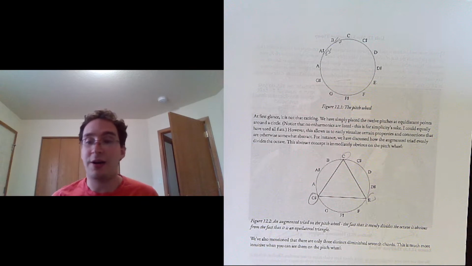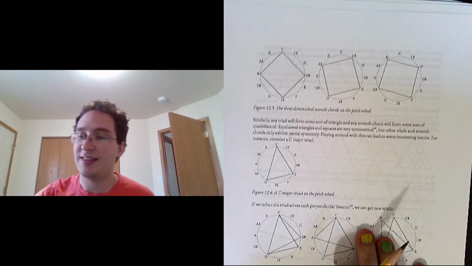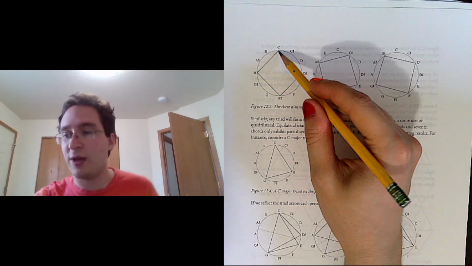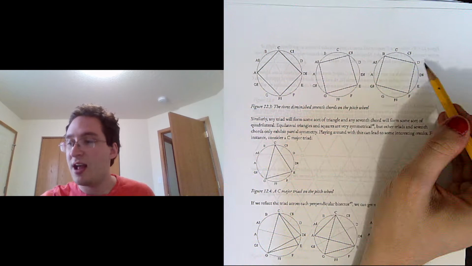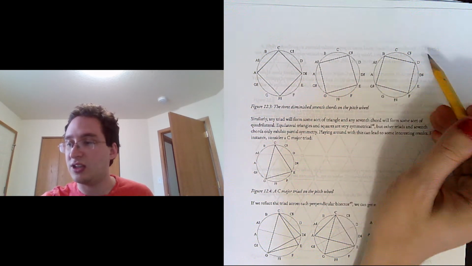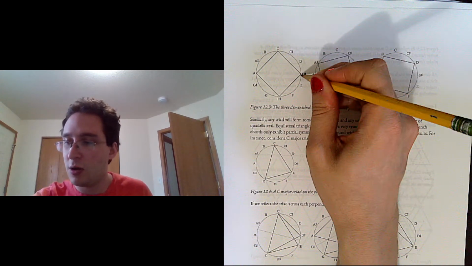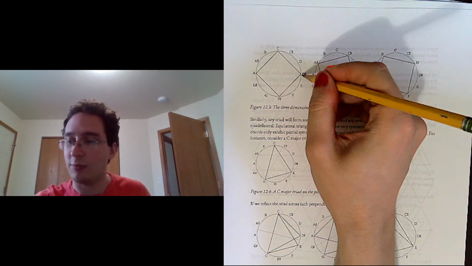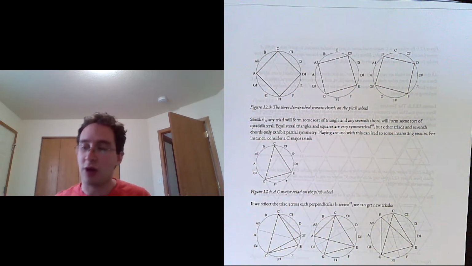We've also talked about how there are only three distinct diminished seventh chords, and that's easy to see when you draw them on the pitch wheel. All of them are separated by minor thirds. So we have one starting on C here, one starting on C sharp, one starting on D. But if we try to draw one starting on D sharp, well, oh wait, we just get exactly the same as the one starting on C. So that makes it a little more obvious.